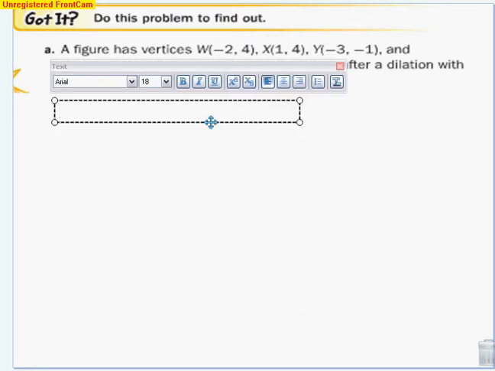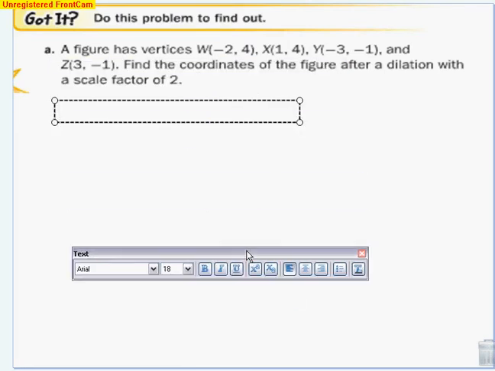A figure has the vertices W, X, Y, and Z. Find the coordinates of the figure after a dilation with a scale factor of 2. So let's first start with putting down the coordinates of the original.